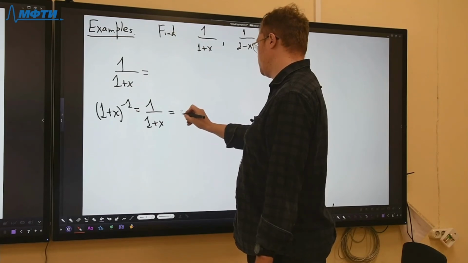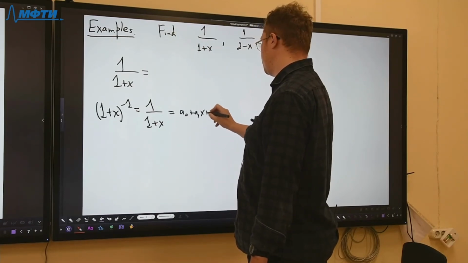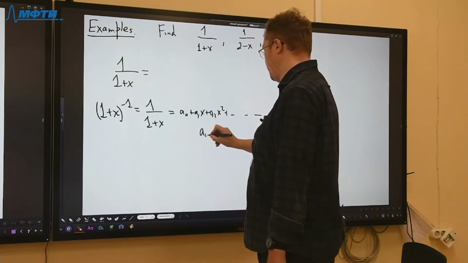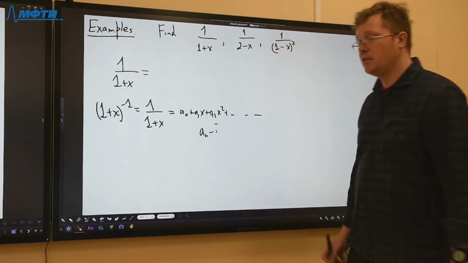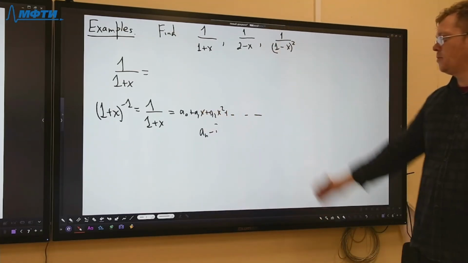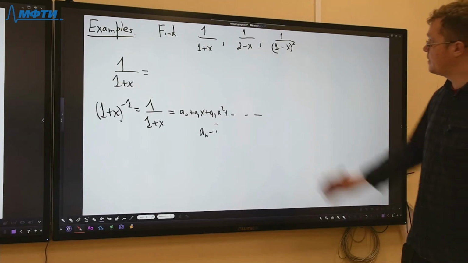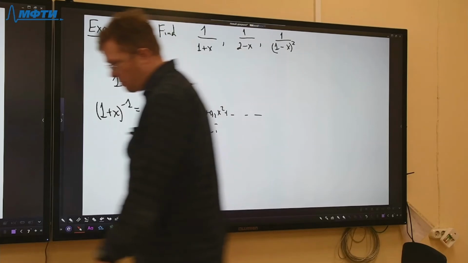So this is equal to a0 plus a1x plus a2x squared, and so on, and I want you to find an. What is an here? Or just find the expression of this formal power series. The same goes for these two guys.